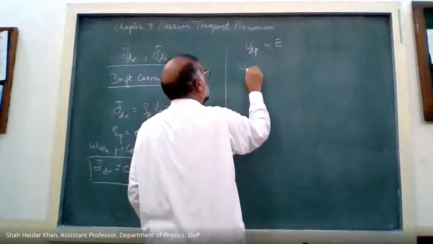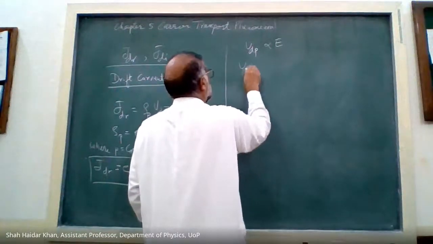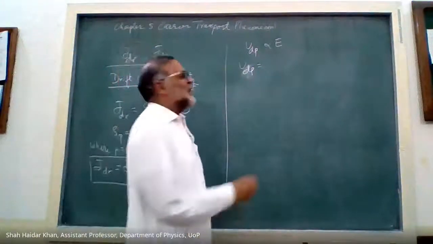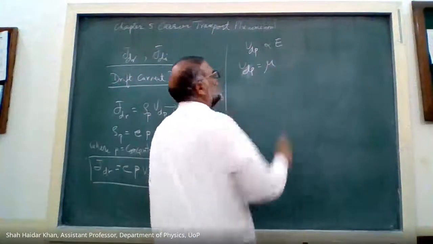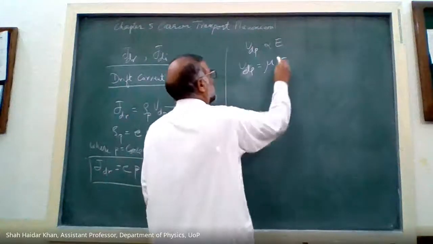So VdP is equal to mobility mu and E, right?